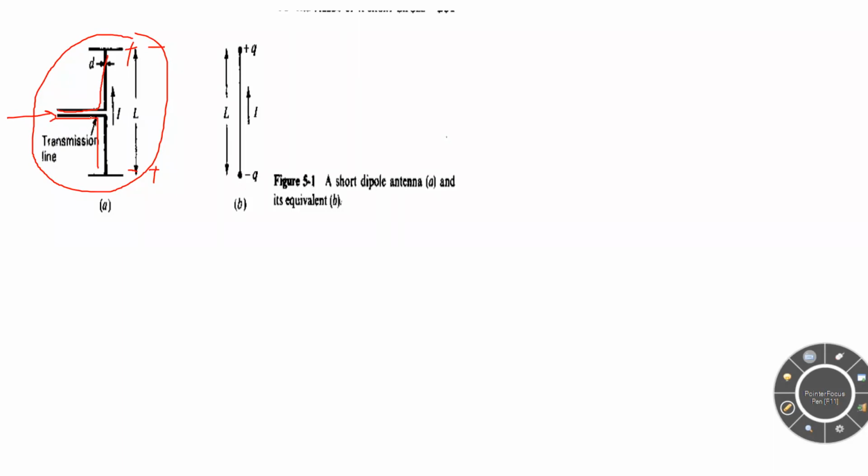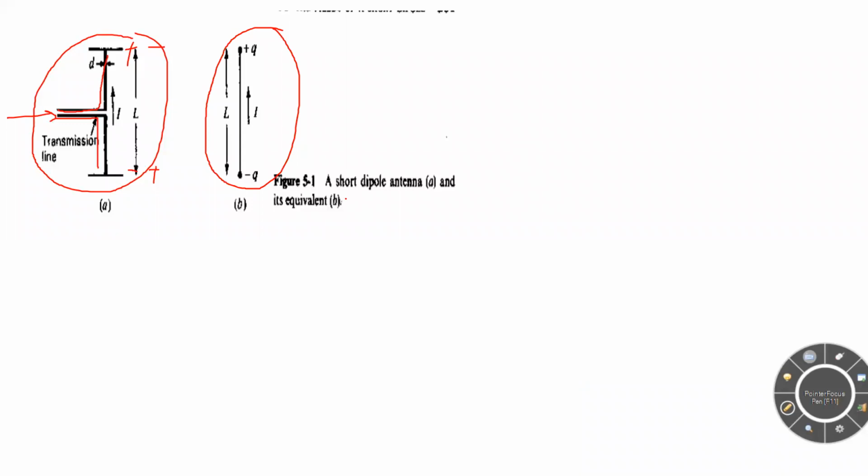Due to which you have the radiation, therefore you have this antenna. This is nothing but the transmission line you are observing over here. Its equivalent is given over here. So this is the diagrammatic representation of the short dipole.